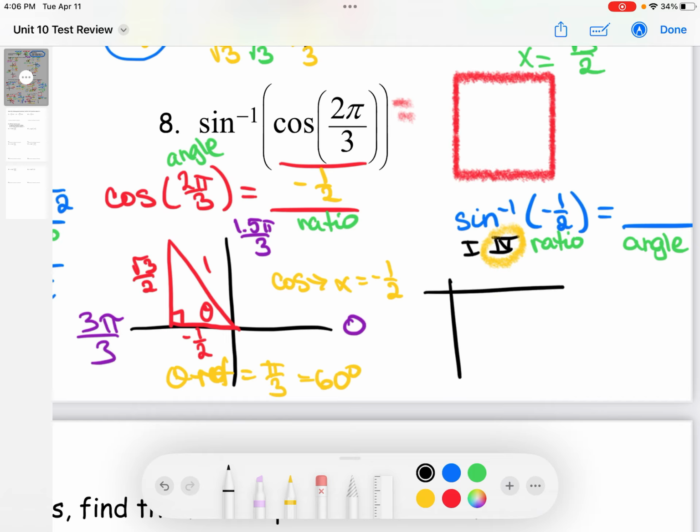I'm going to draw just quadrant 4 here. So we will draw that angle into quadrant 4, perpendicular to the x-axis, one leg on the x-axis, theta at the vertex at 0, 0. Now, sine is y, so our y would be negative 1/2. So that y leg is negative 1/2.